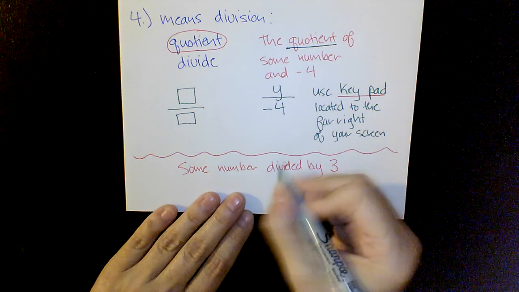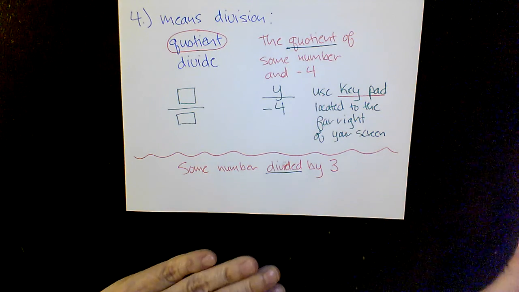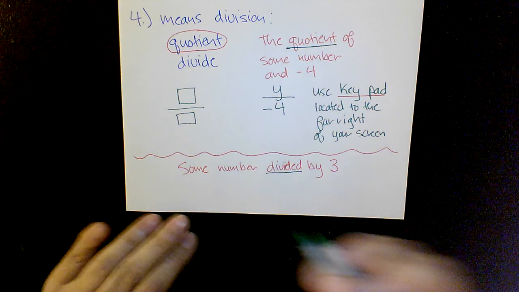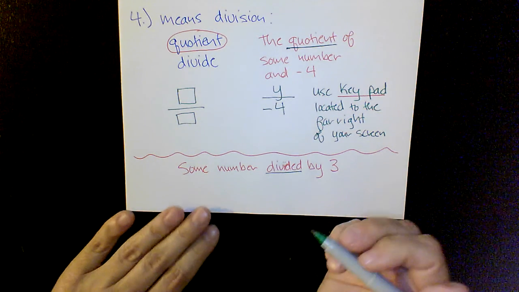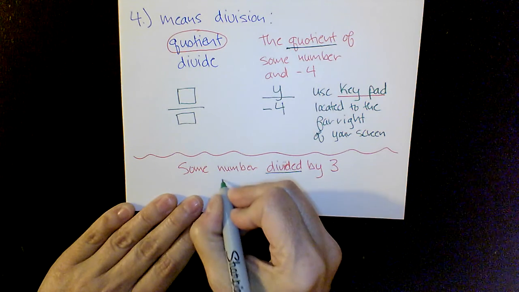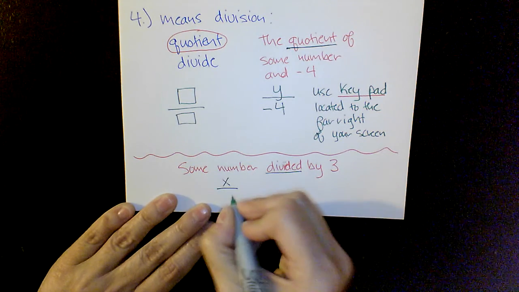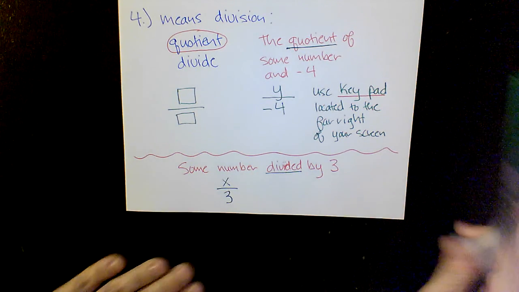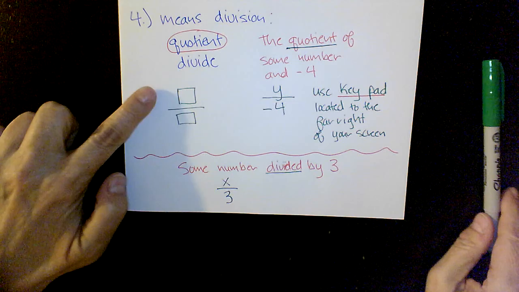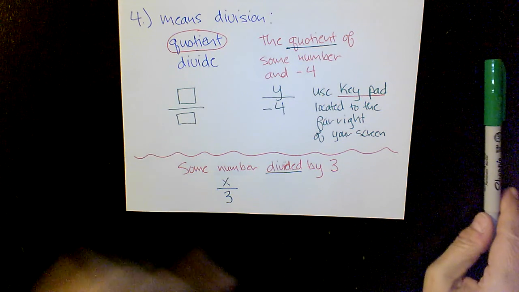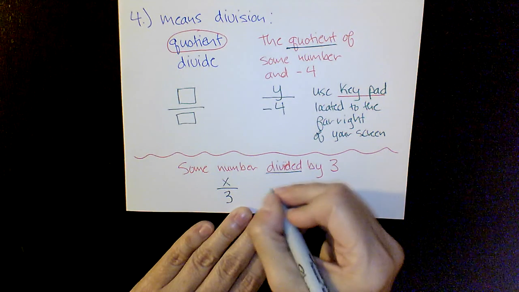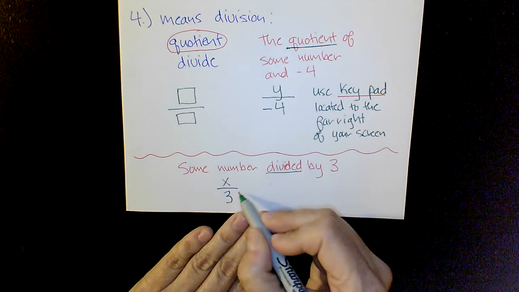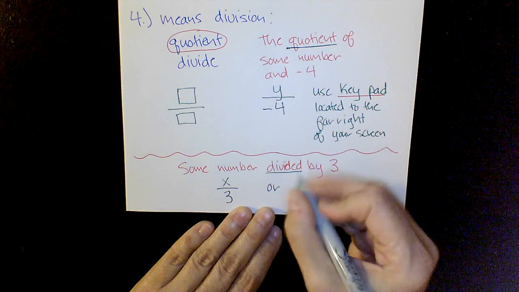I know my keyword is divided by, or just divided. So some number, I'll use X, divided by 3. And again, you're going to use the keypad. This is what Hawks wants.